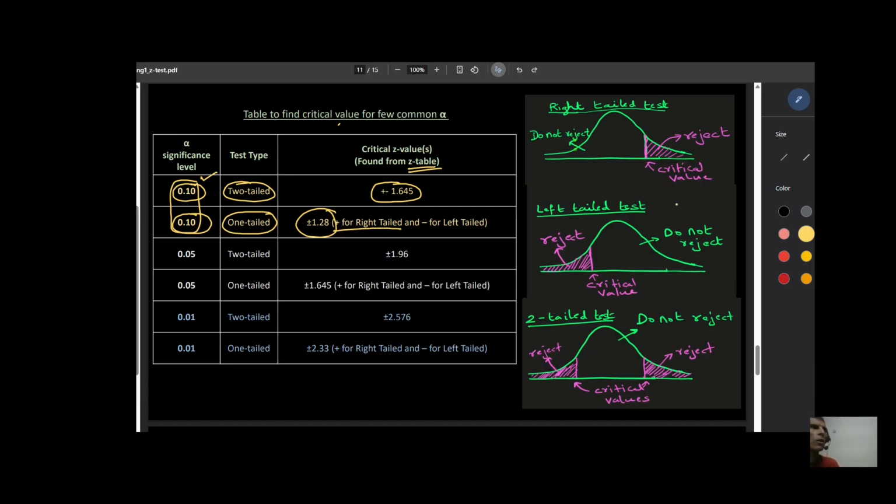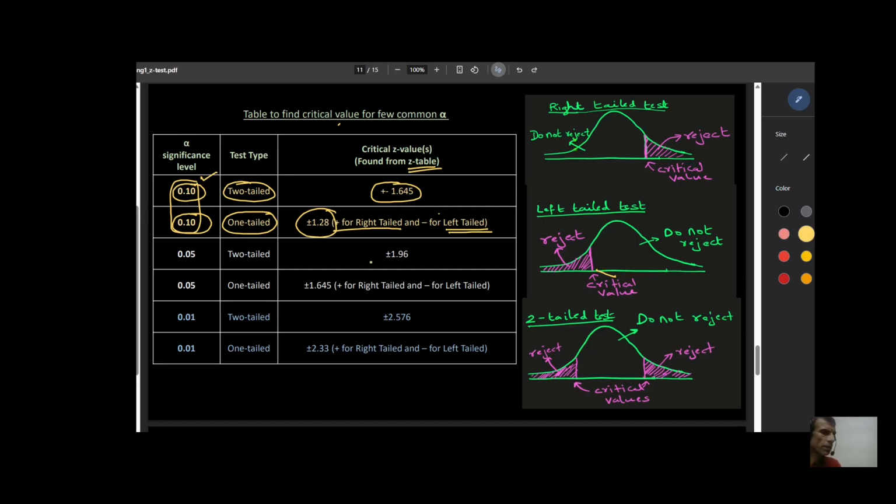On the other hand, if alpha is equal to 0.10 and it's a left tail test, your critical value is going to be minus 1.28. So this value right here is going to be minus 1.28.